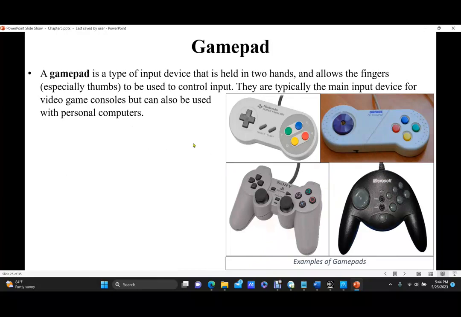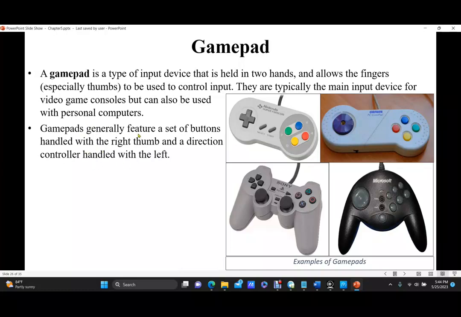A gamepad is a type of input device held in two hands and allows the fingers, and especially the thumbs, to be used on the control unit. They're typically the main input device for video game consoles. They can also be used with personal computers.